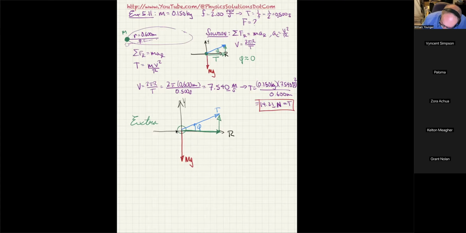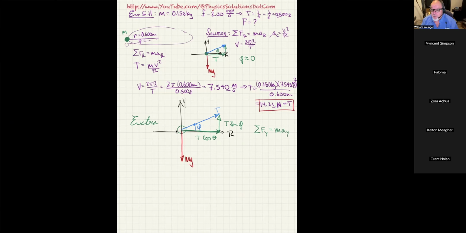So what we can see is that the y component is going to be T sine phi, and the x component is going to be T cosine phi. Now we can take the summation of the forces in the y direction equals mass times acceleration in the y direction.